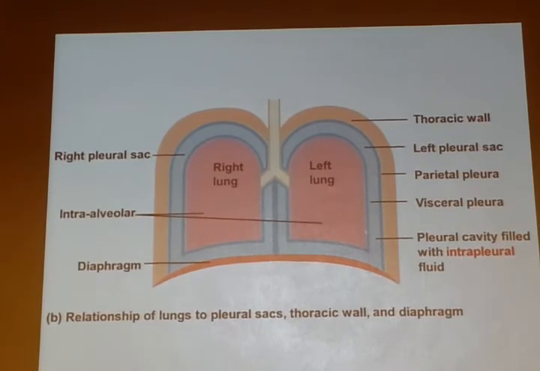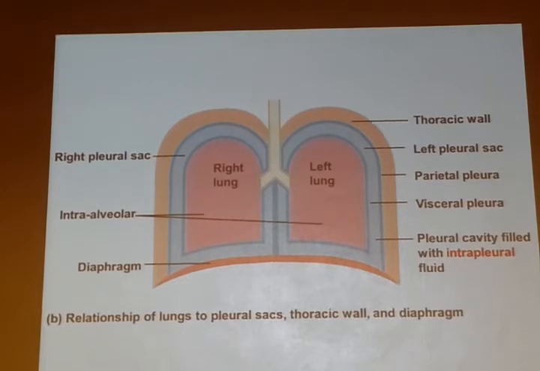And then the water in between is watery enough so that the water molecules actually attract each other, negative to positive, hydrogen to oxygen, and that creates enough tension that the membranes actually stick together, so that the chest wall movement or the lung elastic recoil will help to change the volume of the lungs.